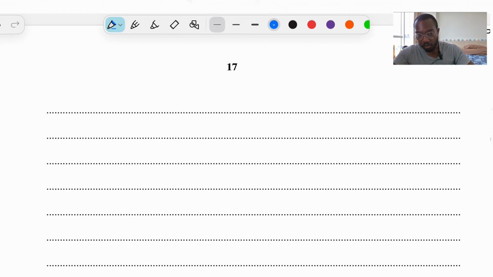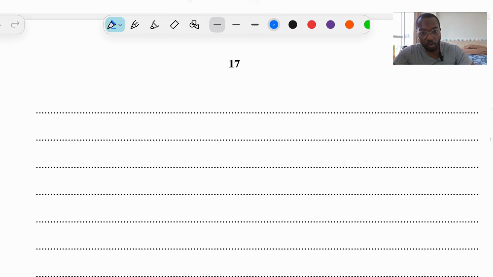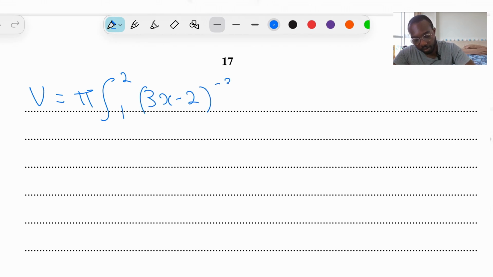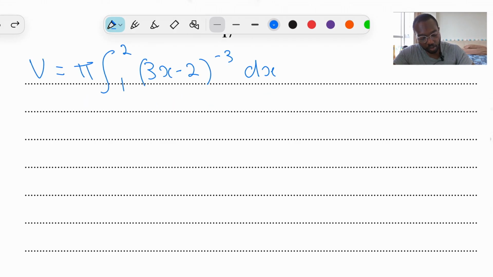So now if I go about trying to integrate this, we can move that pi outside, and then we can just integrate (3x minus 2) to the power of minus 3 by itself. So if we integrate this, we get V is equal to pi, and then, well, if we were to differentiate that 3x, we take out a factor of 3, but because we're integrating, it's the reciprocal, so we take out a factor of 1 over 3.